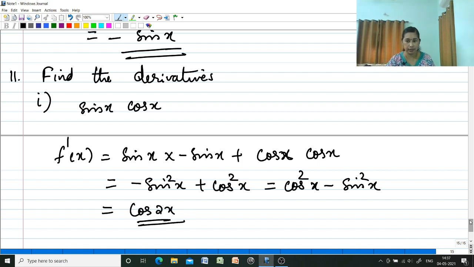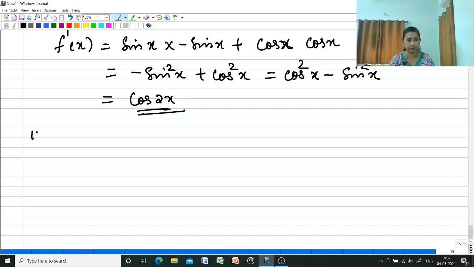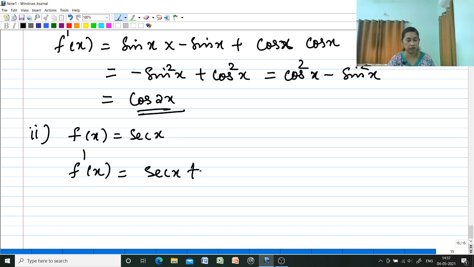Then second question, find the derivative of sec x. So f dash x equal to derivative of sec x is sec x into tan x. All this we can find using first principle.